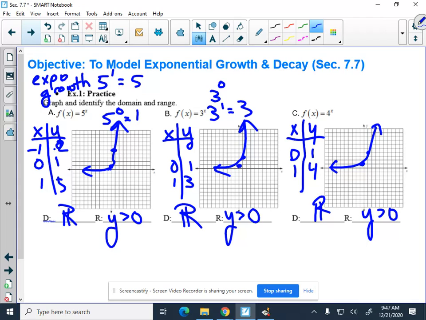All of these are examples on this page, or this part, of exponential growth. None of them went down. Okay? And in fact, this whole lesson is only on exponential growth. We're not getting to exponential decay until the next lesson.